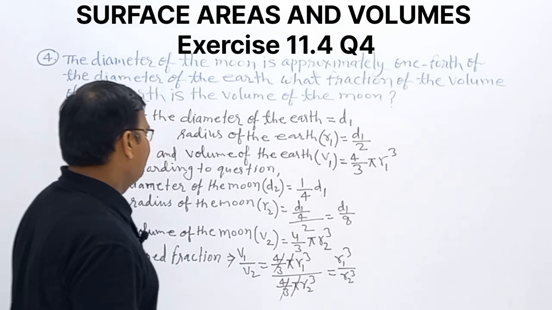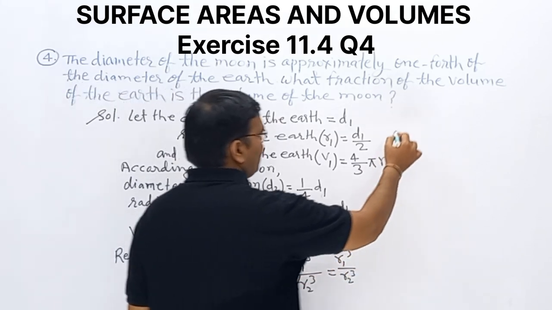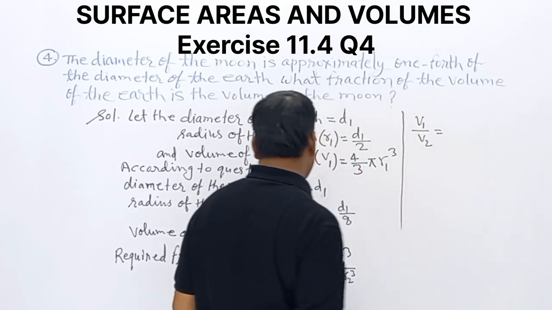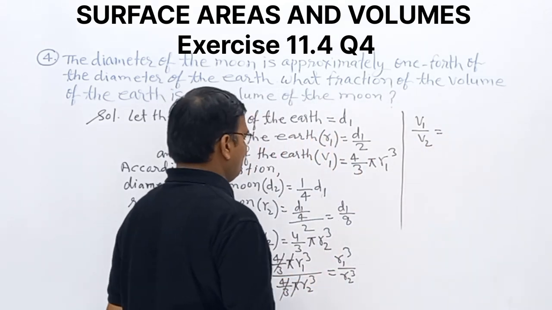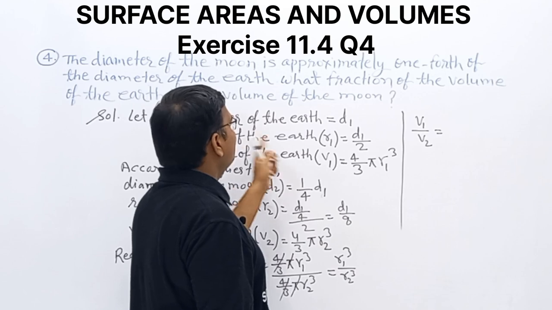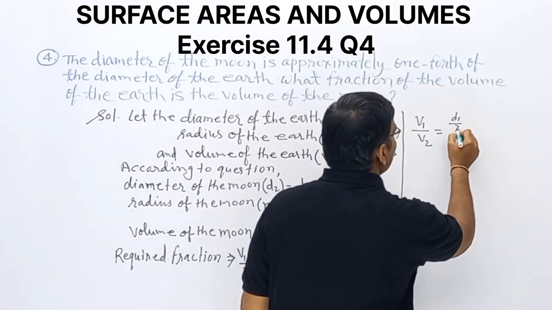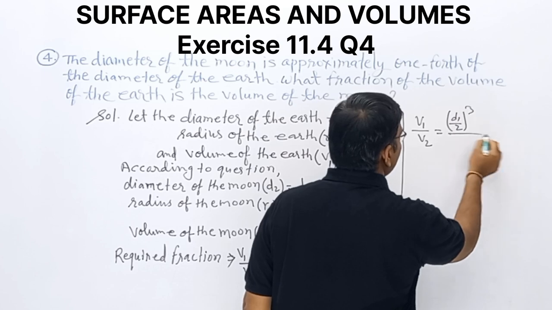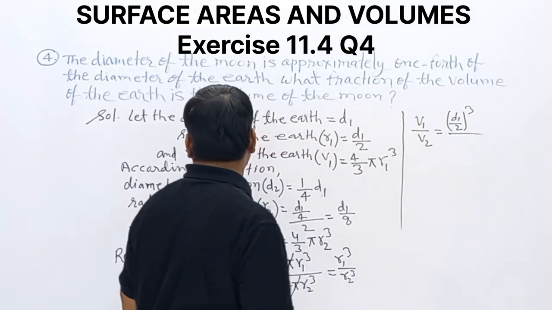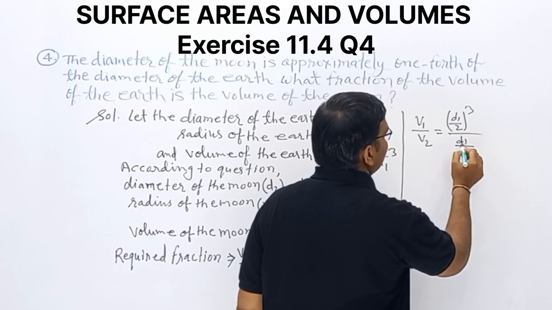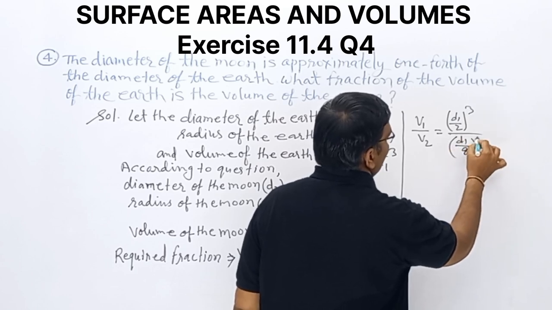The required ratio, v1 upon v2, will be r1 cube upon r2 cube. So r1, the radius of the earth, is d1 by 2, whole cube, divided by r2, the radius of the moon, which is d1 by 8, whole cube.